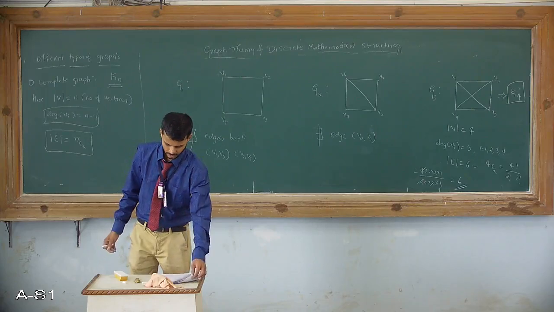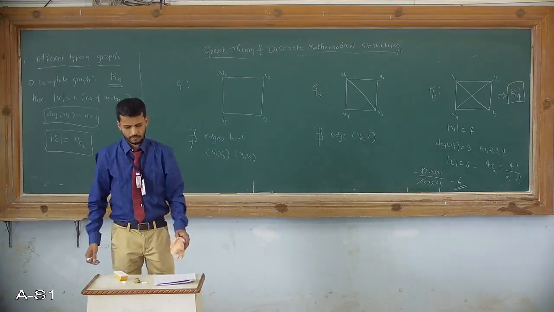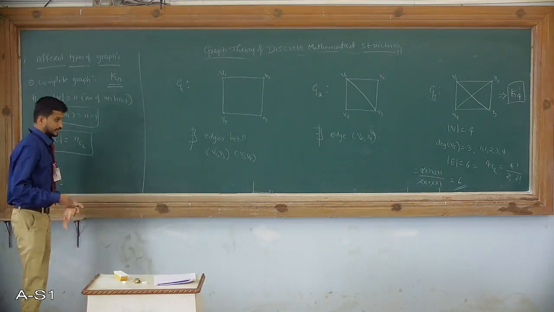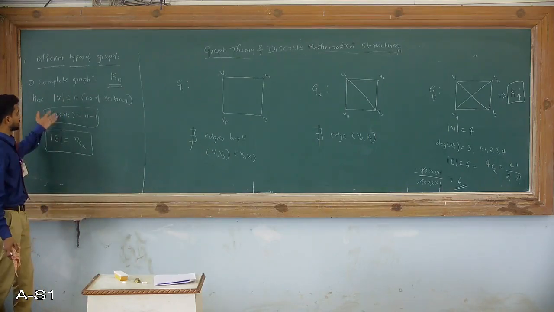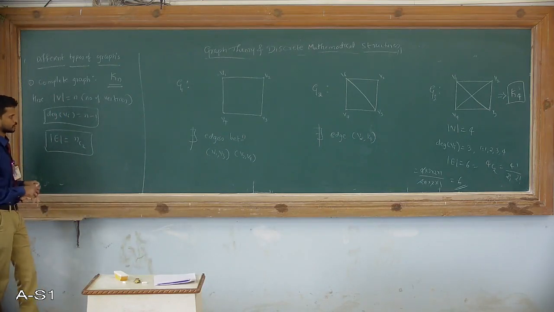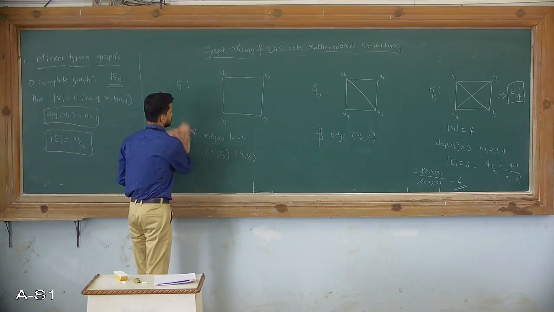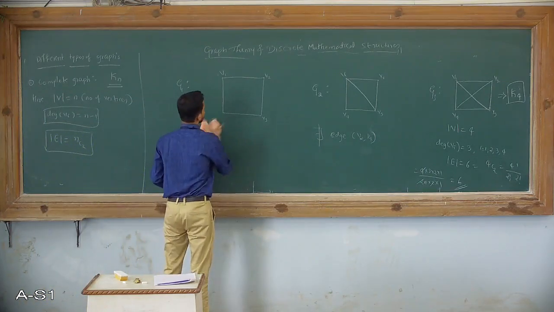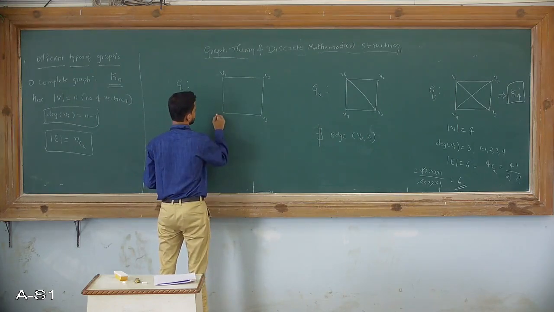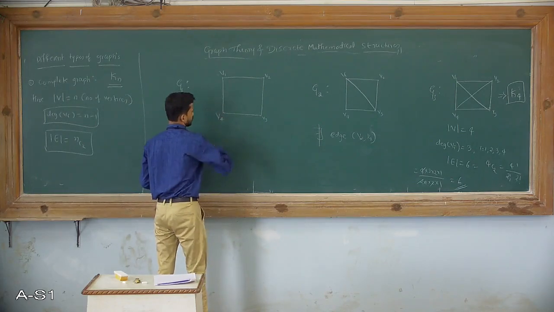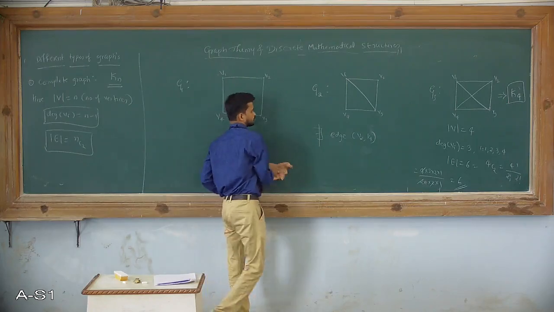Even we can calculate the number of edges or the degree of each vertex using this property. Now, again I will consider the same graph because we will move to the next concept.